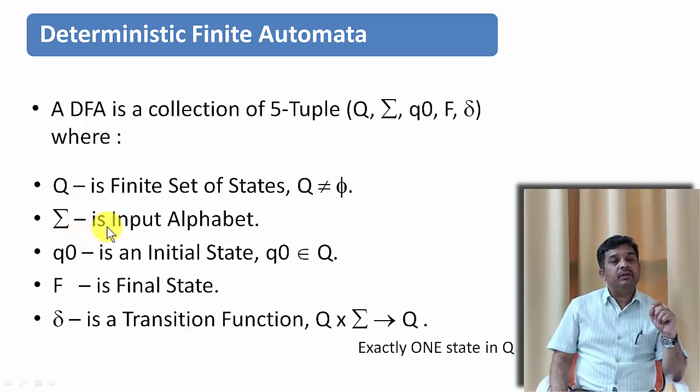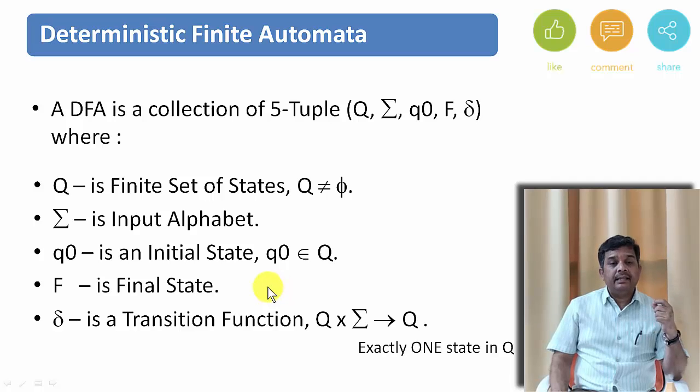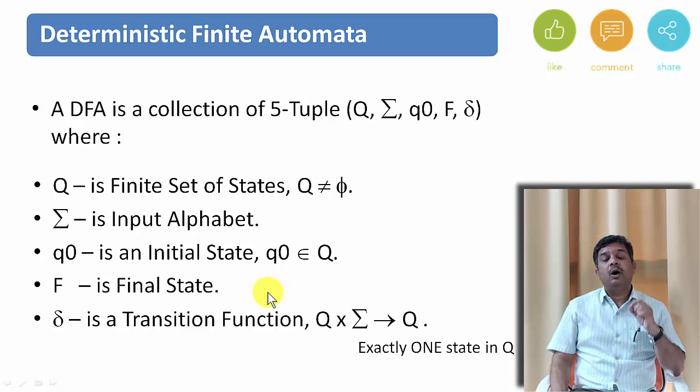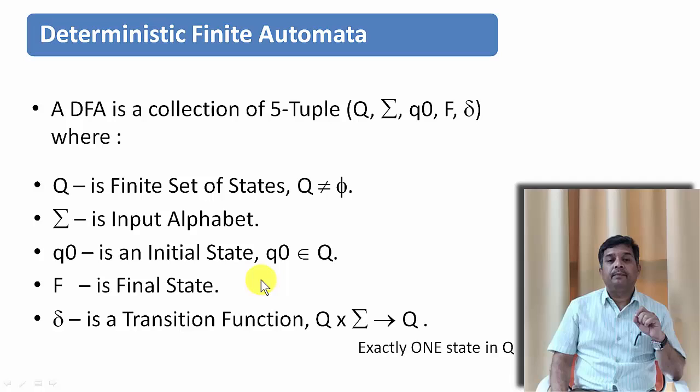Sigma, as we have already seen, is the input alphabet. Q0 is the initial state, and Q0 must belong to the finite set of states, and F is the final state. So this F can be a subset of Q. It means either we have a single final state or more than one.